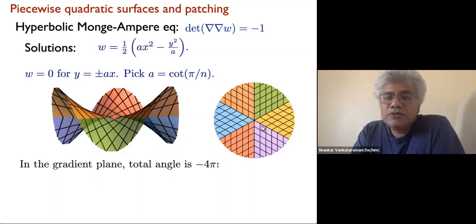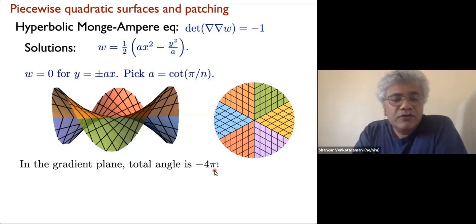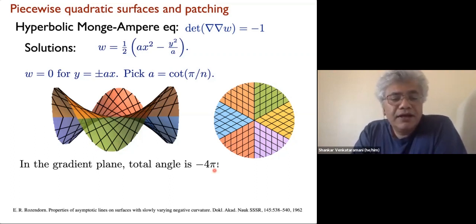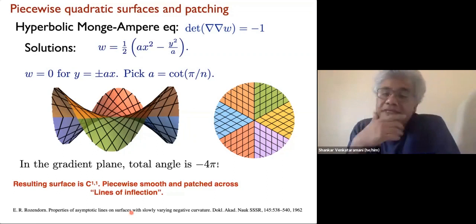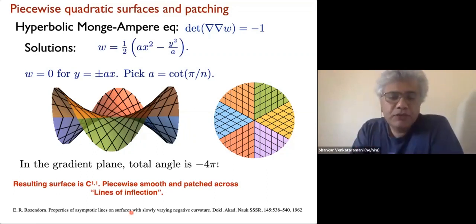And as you traverse a little circle around this in your domain, in the normal image, you will traverse not a simple closed curve, but a curve that winds around say the North Pole twice. So what we get from this, this is well known, and some of this goes back to work by Rosenthal in the 60s. The resulting surface is C11. So it's piecewise quadratic, but it's patched across these objects, which we can think of as lines of inflection.